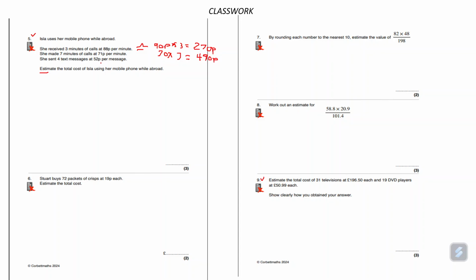So rounding 52p to the nearest 10 becomes 50p times 4, which is 200p.